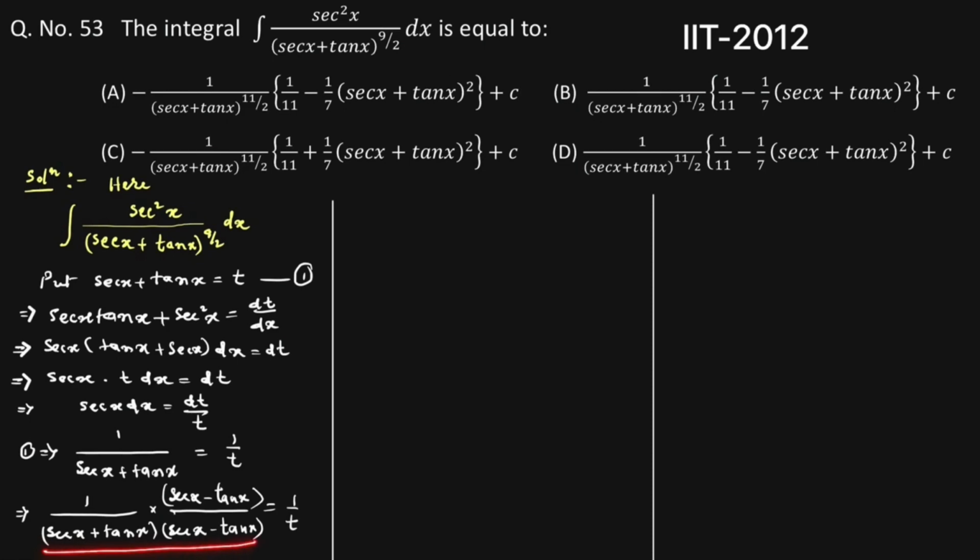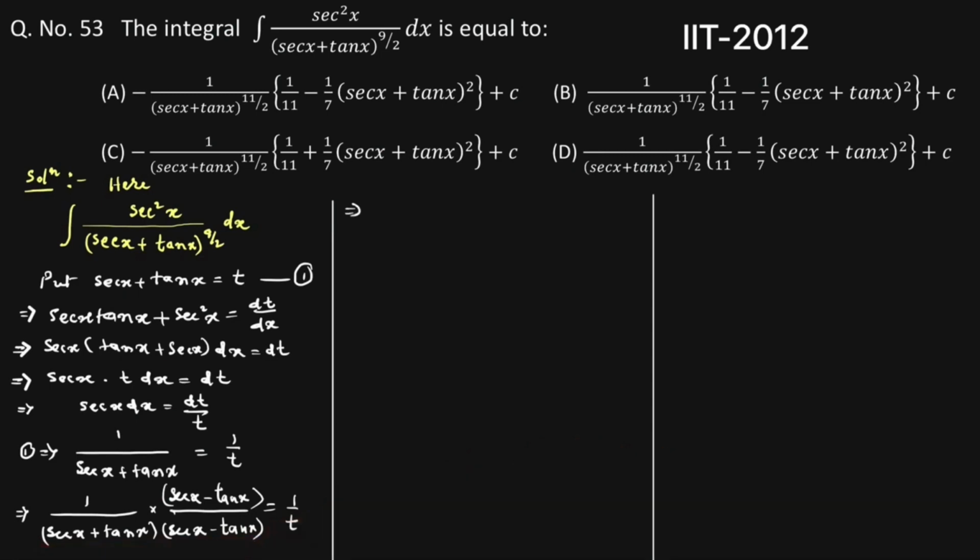So the denominator we are able to write as sec square x minus tan square x, which is exactly like the formula a square minus b square equals a plus b into a minus b.